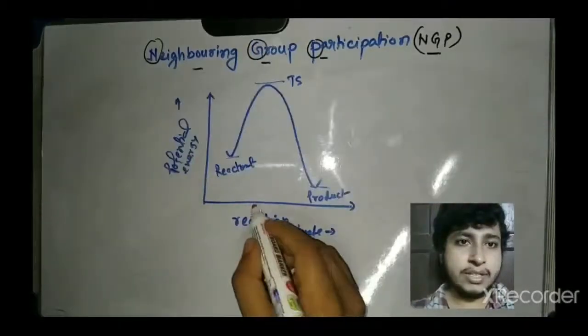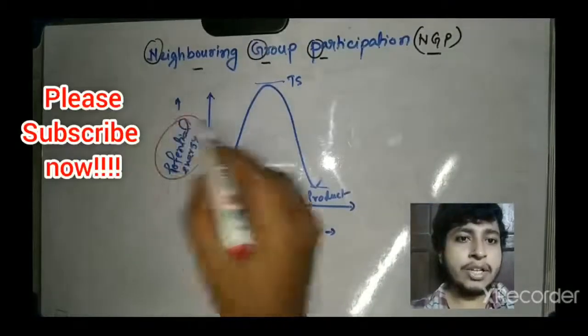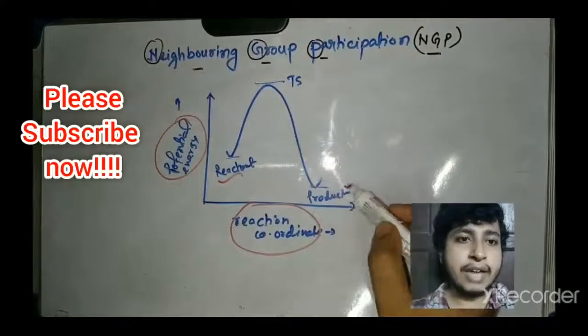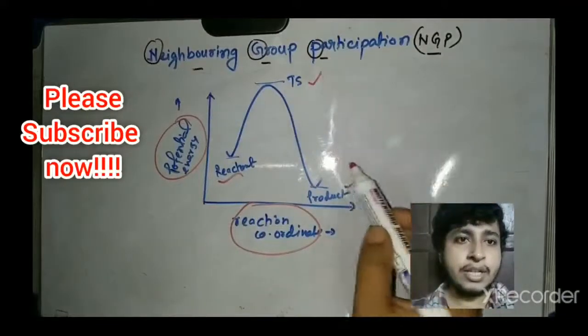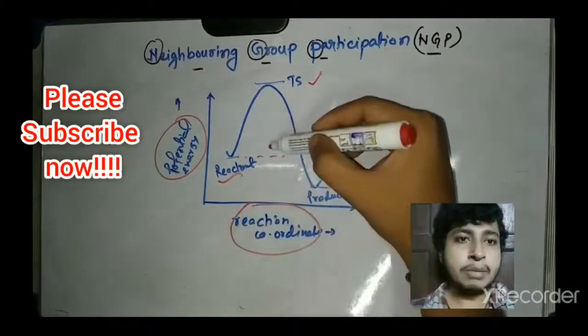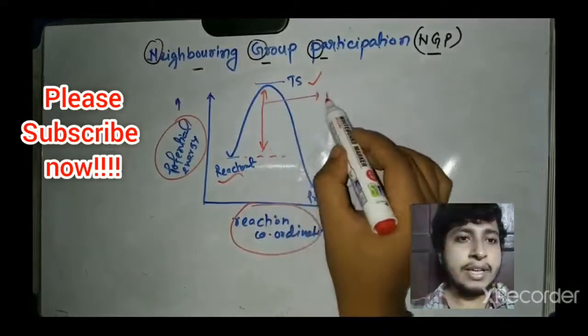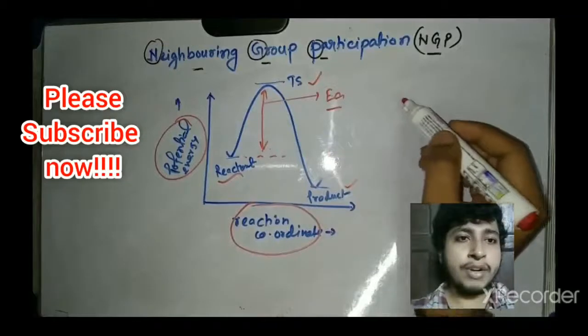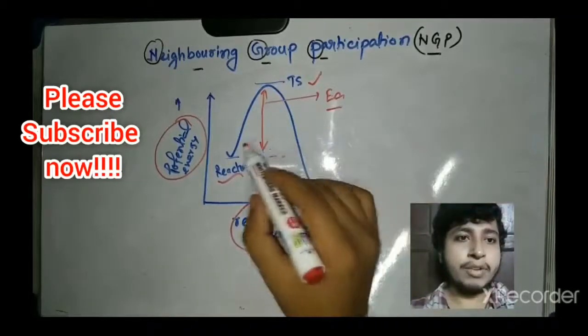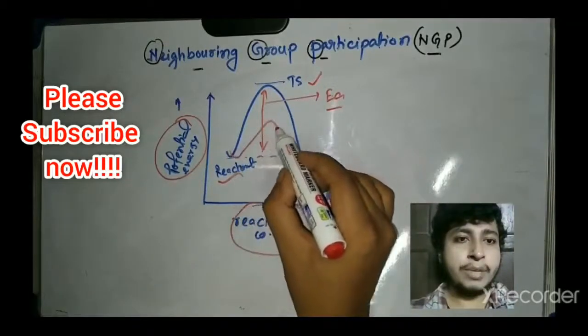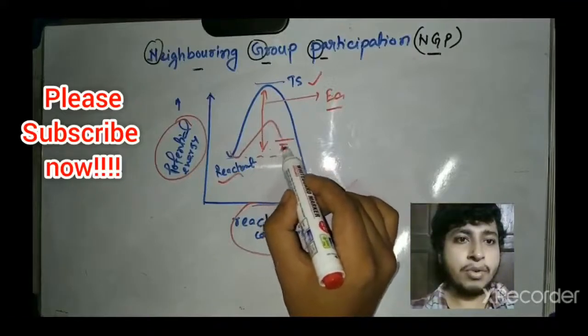So why is it? This is the reaction coordinate, this is the potential energy, this is the reactant, this is the product, this is the transition state, and this is the activation energy in this curve. This activation energy is known as EA, and this curve is for a normal reaction. Now for NGP, this is the curve where an intermediate will form.